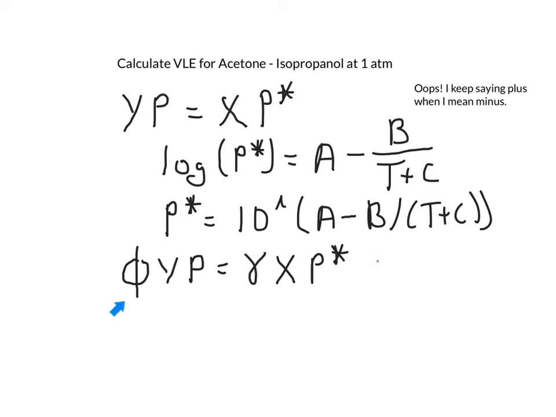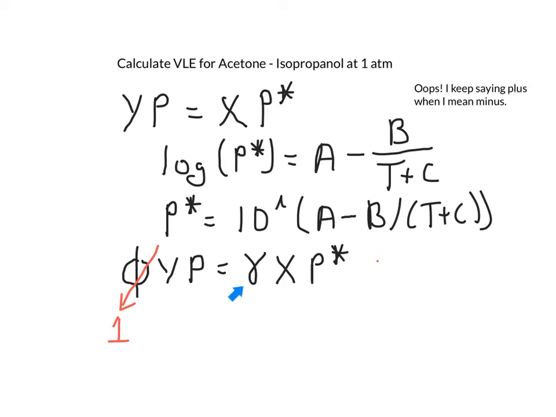We usually assume the vapor phase is ideal, and so the fugacity coefficient, which accounts for the non-ideality, is actually 1. But the liquid phase oftentimes is not ideal and will need an activity coefficient to calculate the vapor-liquid equilibrium.